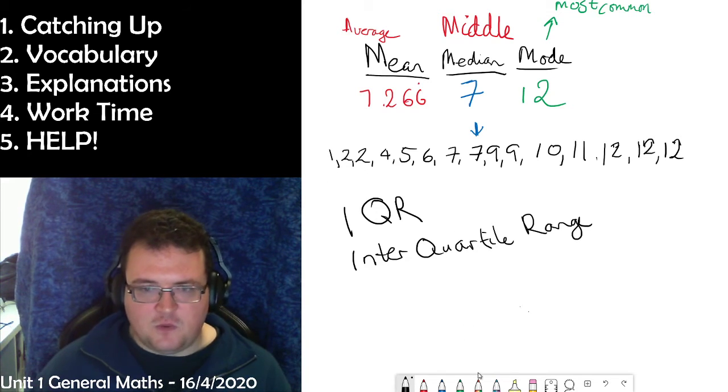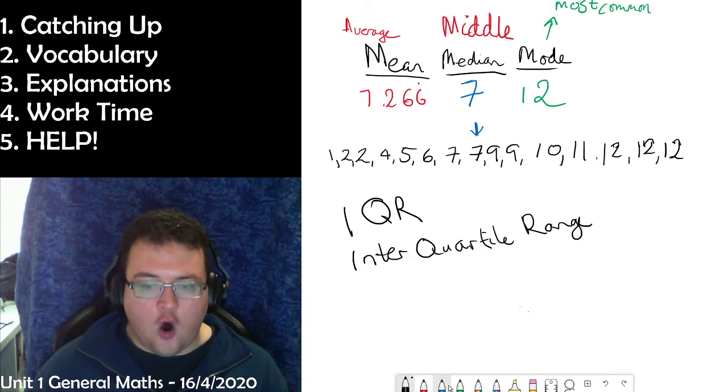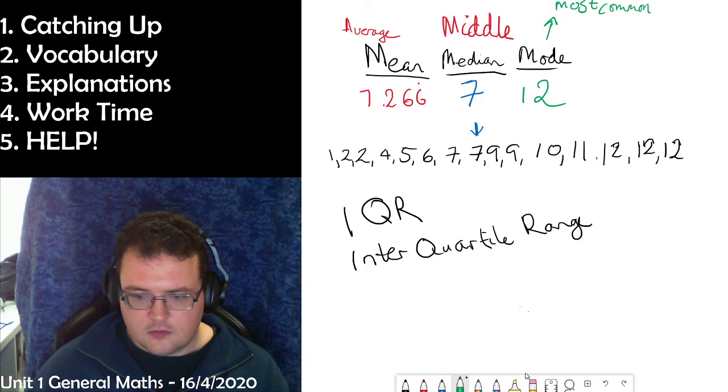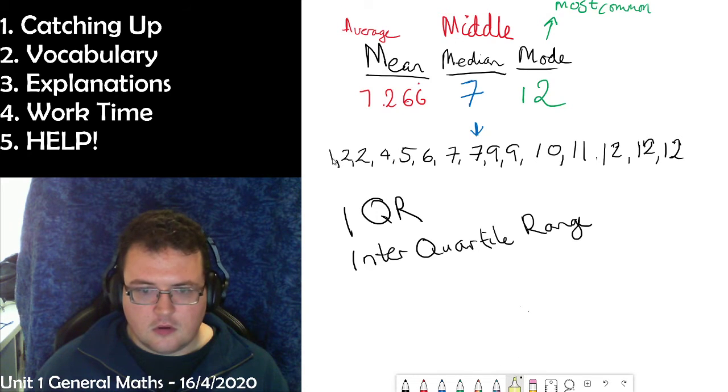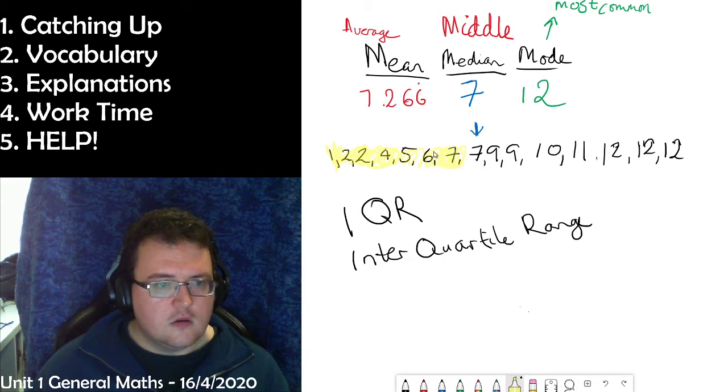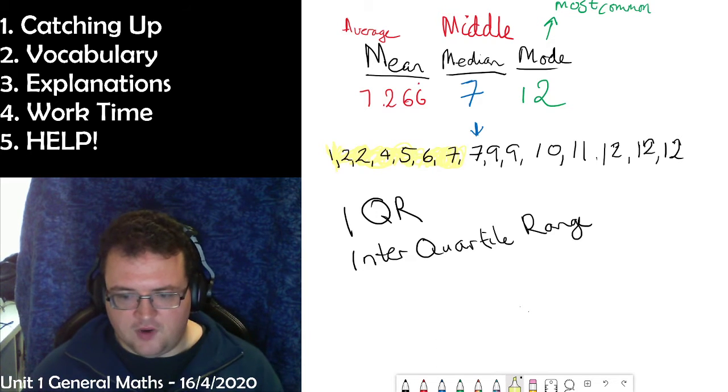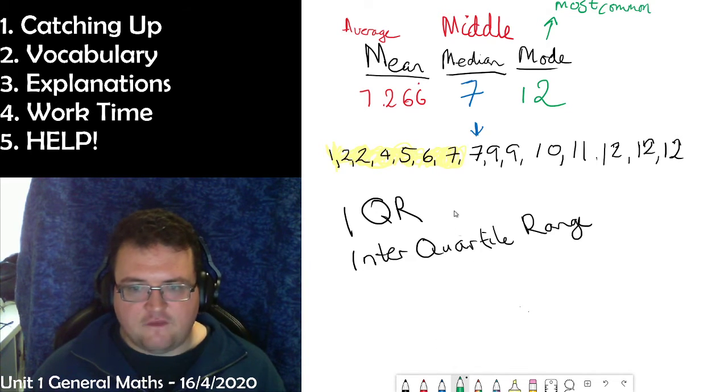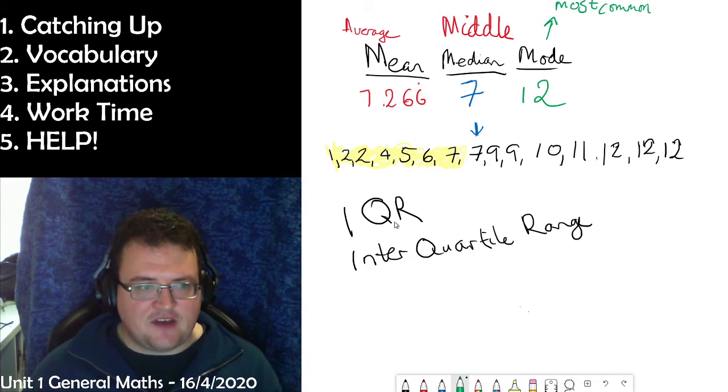What we're going to do now is take each individual half and find the median of those. For these numbers here, my really bad highlighting, we need to find the median of these 7 numbers.